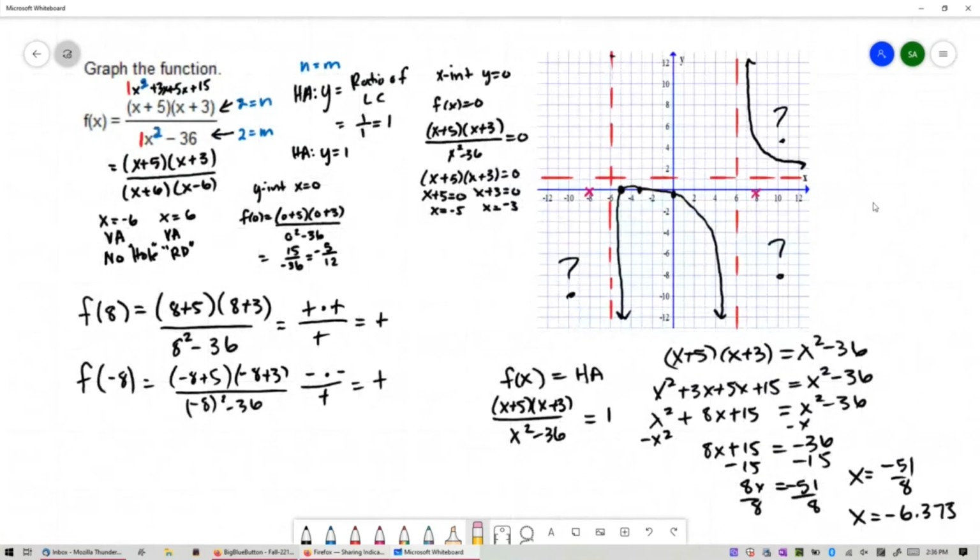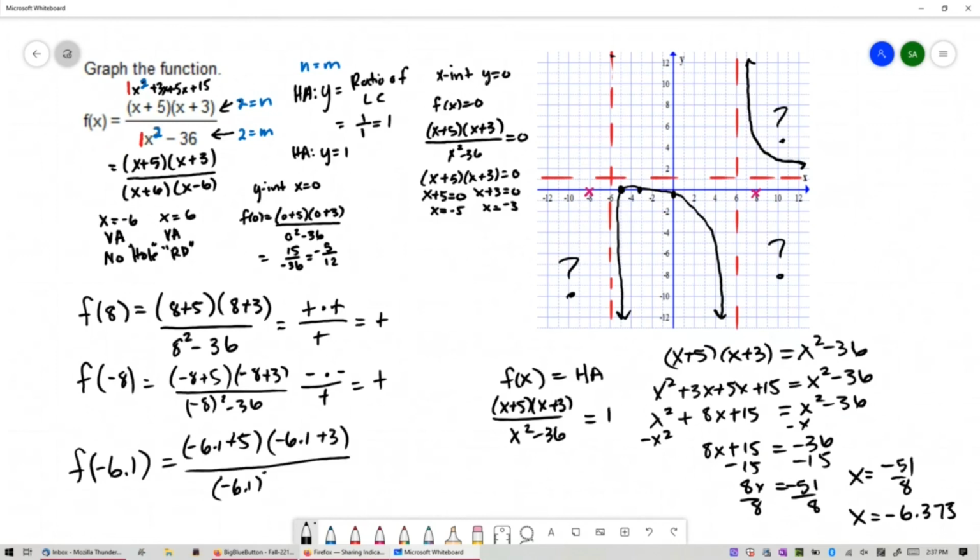And I want it to be in between negative 6.375 and negative 6. So maybe negative 6.1. Negative 6.1 plus 5, negative 6.1 plus 3 over negative 6.1 squared minus 36.